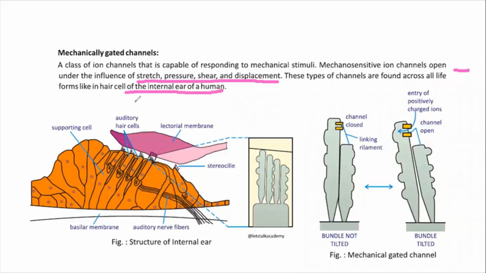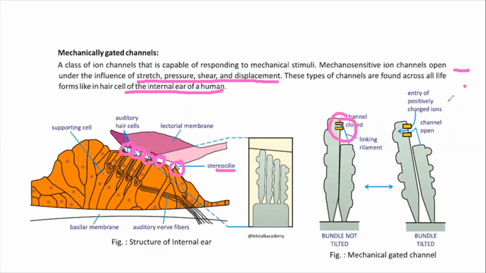So this is the structure of your internal ear. And then we have got the hairs over here. They are called the stereocilia. Here you have the stereociliary cells, onto which you have got the channels. They are now closed.